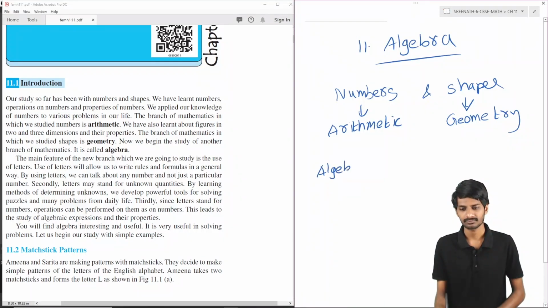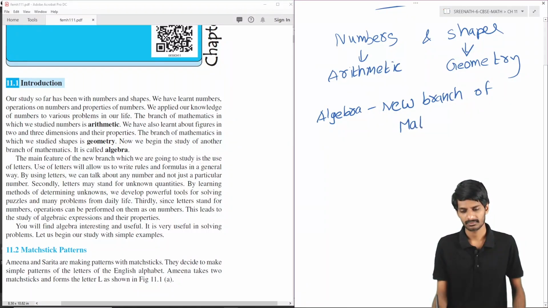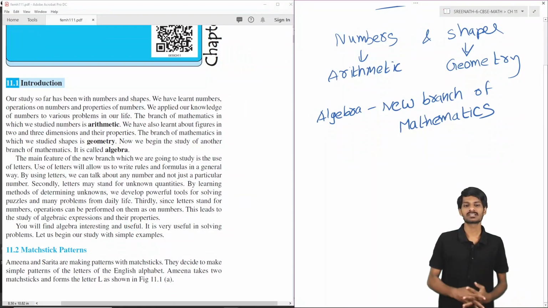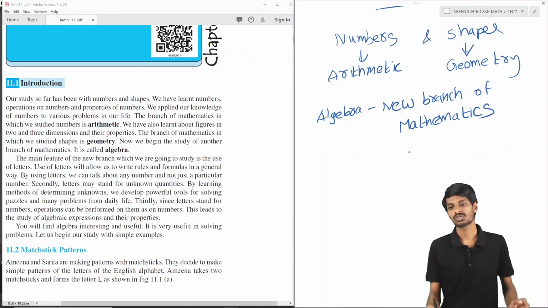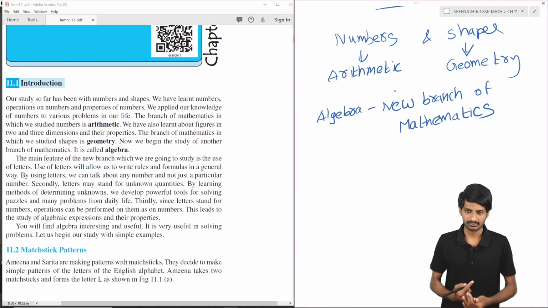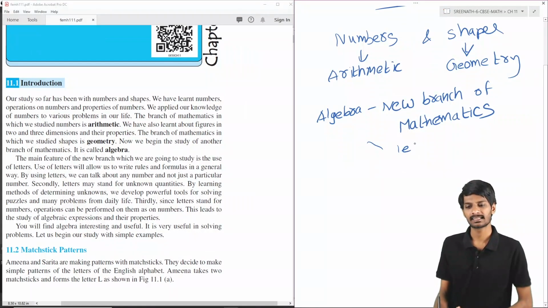In algebra, we will use variables, we will use numbers, and sometimes we will express the shapes and their formulas in terms of numbers, like that, students. Mostly we will use variables, which means mostly we will use letters with numbers.